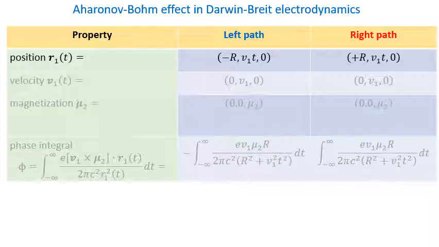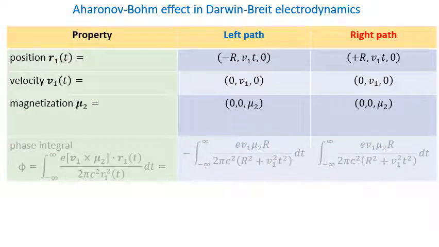As we said already, the motion is uniform, so the position vector is a linear function of time. The only difference is in the x component, which is minus r for the left path and plus r for the right path, where r is the impact parameter. Velocity is constant and the same for the two paths. Magnetization vector is also constant.